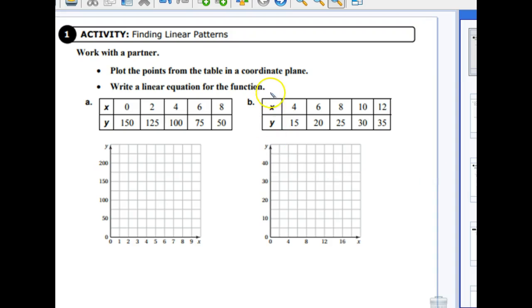And we're going to do this one now. This has smaller numbers, should be a little bit easier. What do I do first? Graph it. Okay, so go ahead, graph yours. While I'm graphing, I want you to be graphing yours. And we're going to see if this is going to be a linear equation.